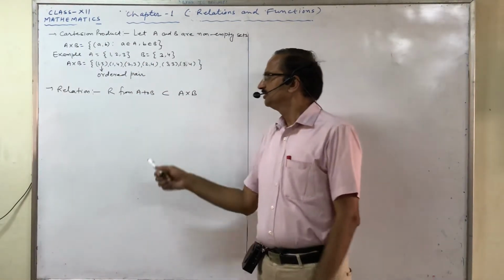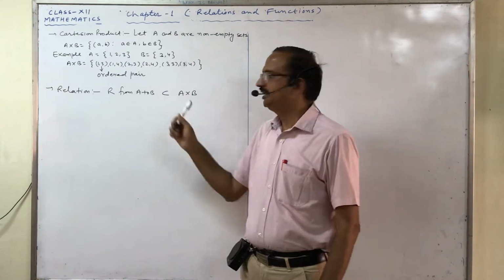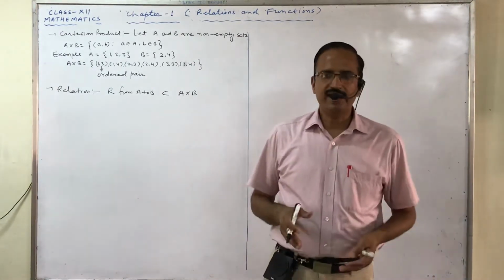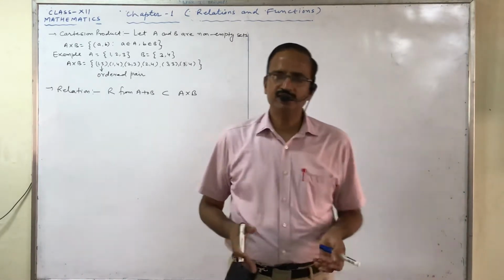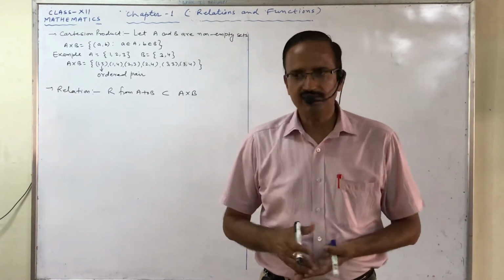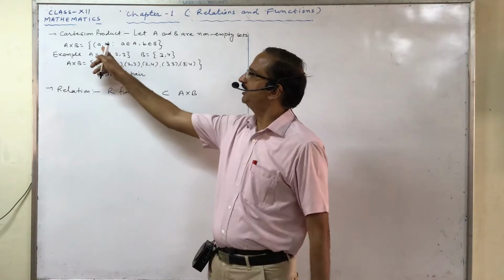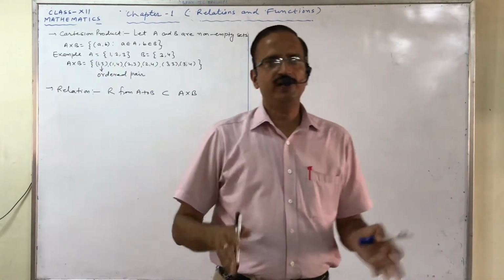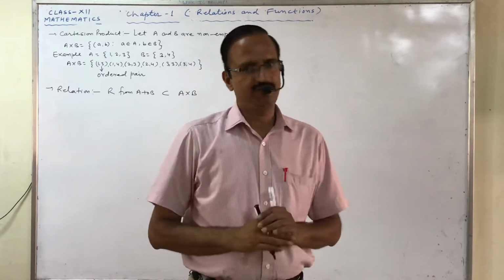What is a relation? A relation from A to B is a subset of the Cartesian product obtained by describing a relationship between the first element a of set A and the second element b of set B of the ordered pair in A cross B.